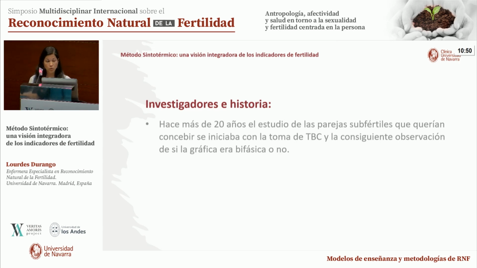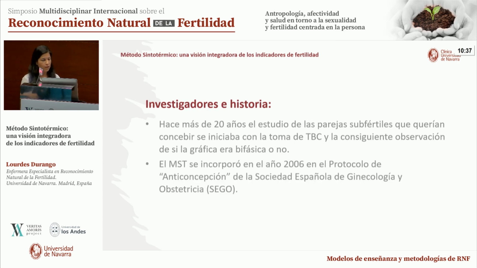For more than 20 years, the study of subfertile couples who wanted to conceive started with the basal body temperature and the following observation of whether the graph was biphasic or not, to see if there was an ovulation or not. And the Symptothermal Method was incorporated in 2006 in the Contraception Protocol of the Spanish Society of Gynecology and Obstetrics.